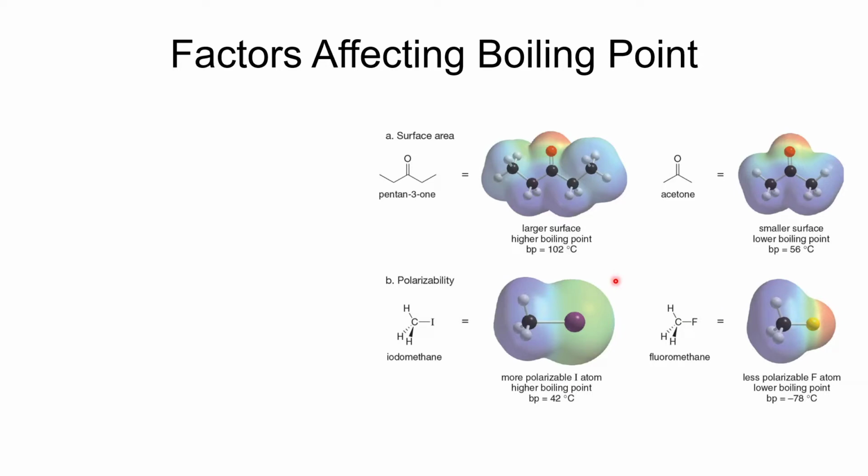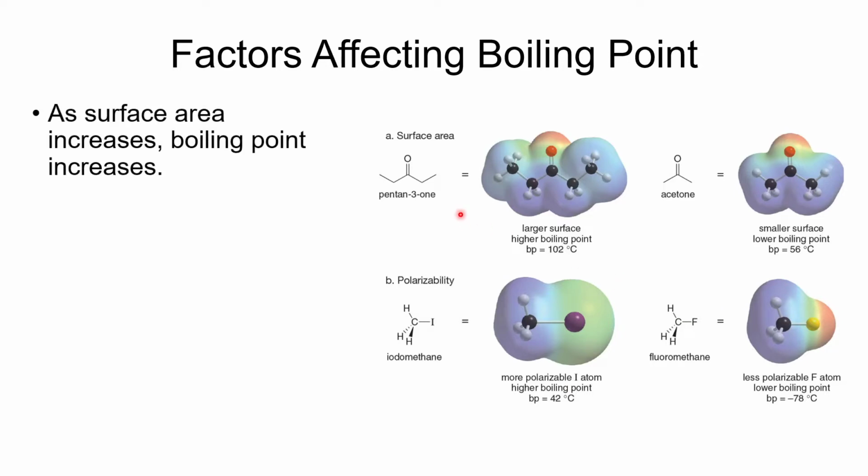All right, other factors that will affect boiling point include surface area. If you have the same polar component, the same functional group, but you get a bigger molecule that has a larger surface area, then it is going to have stronger dispersion forces in addition to the dipole-dipole interaction, and that will cause it to have a higher boiling point.